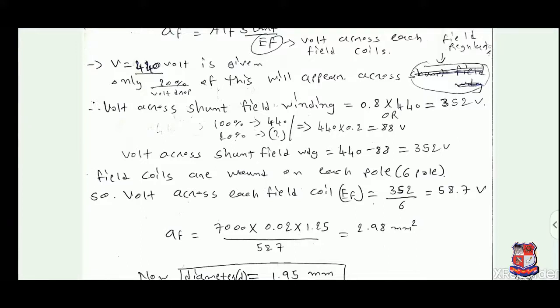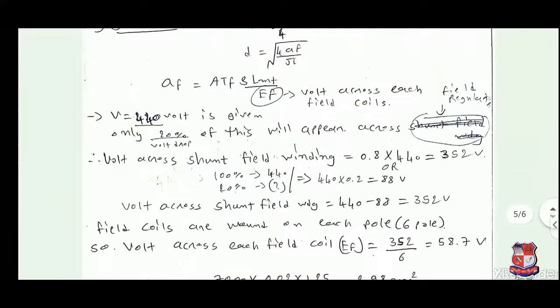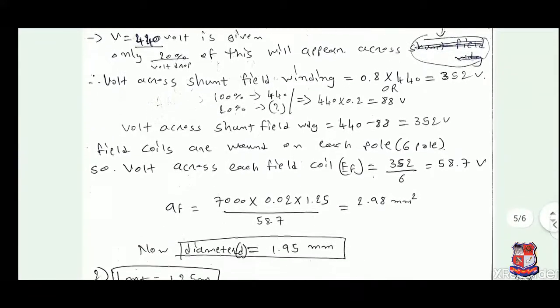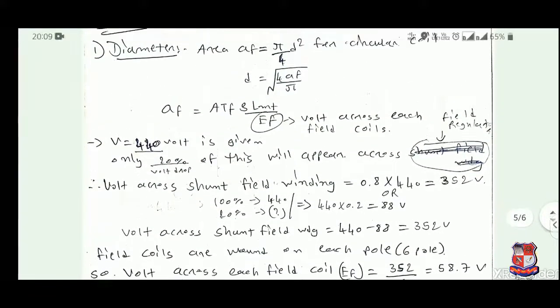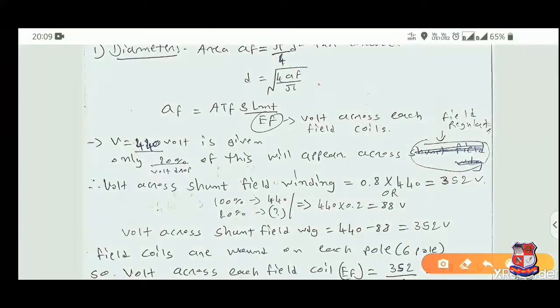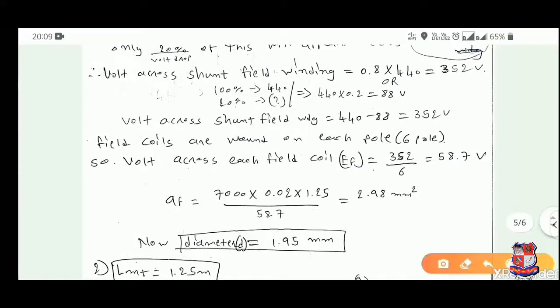Dividing the voltage by 6, we get each field voltage. So EF will be 58.7 volt. So we can find AF, and according to that we can find the diameter through this equation.